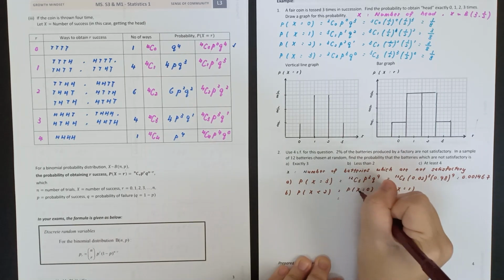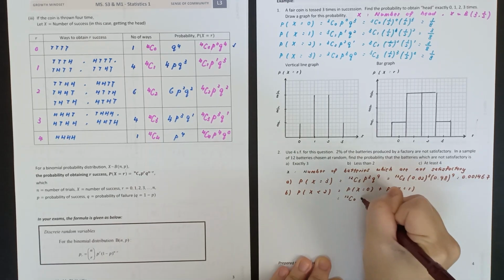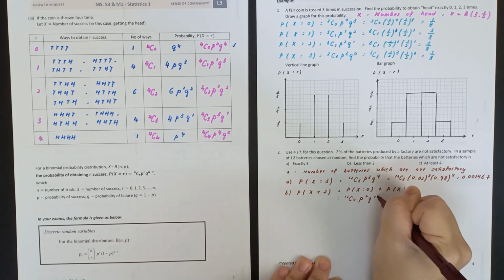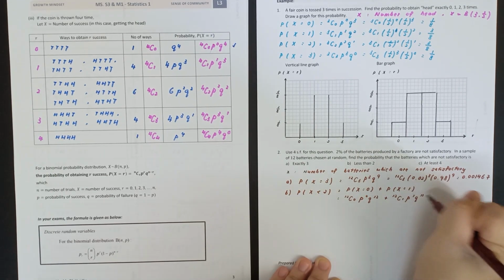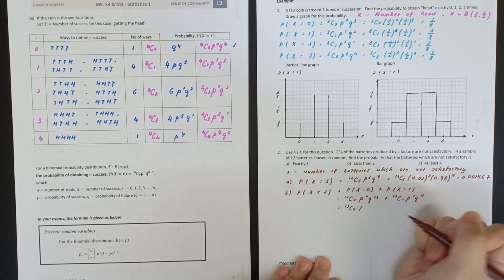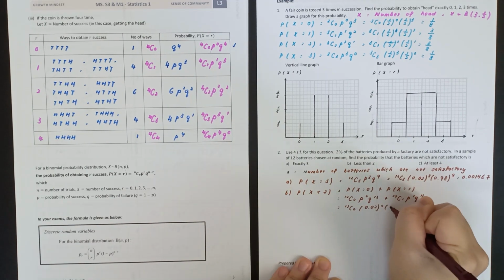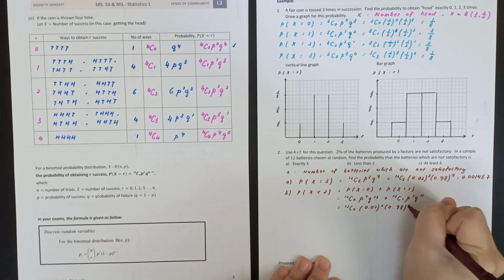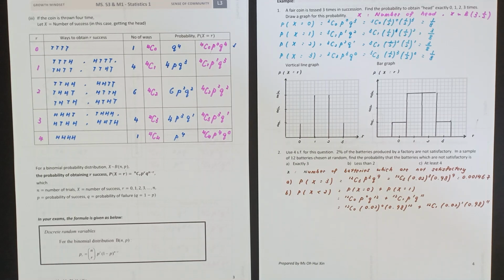So for P(x equals 0), it will be 12C0 p^0 q^12 plus 12C1 p^1 q^11. Now you can substitute the p: 12C0 times 0.02^0 times 0.98^12, plus 12C1 times 0.02^1 times 0.98^11.